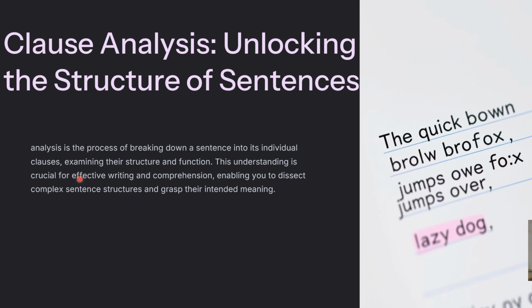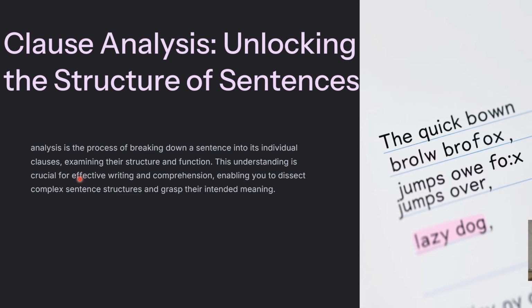I also want to add, why is clause analysis important? Clause analysis is important because it helps us identify the main idea. It also clarifies how different parts of sentences relate to each other.